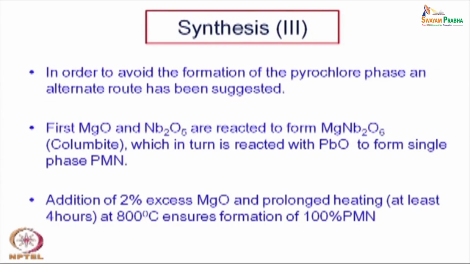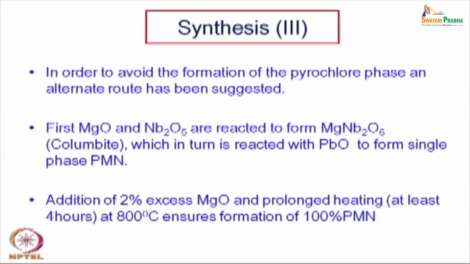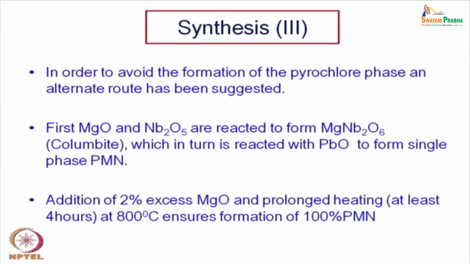Now, this pyrochlore phase of course is not an accepted second phase. So, we have to avoid the formation of the pyrochlore, or in the final phase it should not be present. To avoid the formation of the pyrochlore phase, an alternate route has also been suggested.